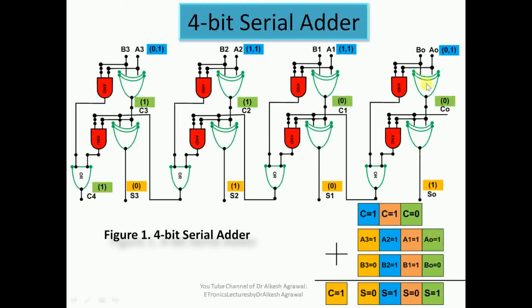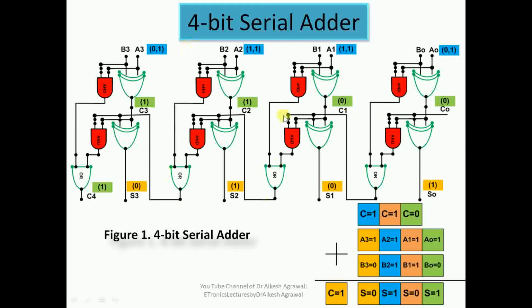So this first stage is adding A0 and B0 with the input carry coming from the previous stage. Because this is the first stage, the input carry will be null or 0. Then the second stage of the full adder is adding A1 and B1 with the carry propagated from the first stage.